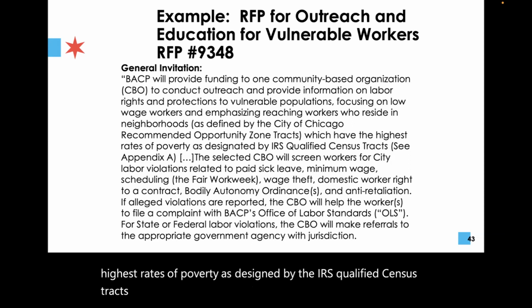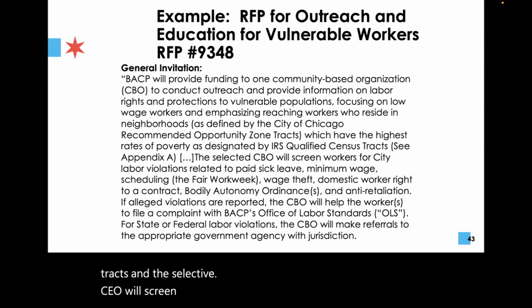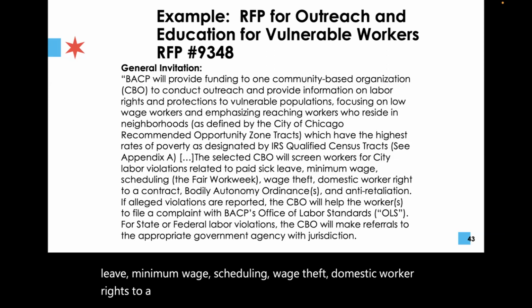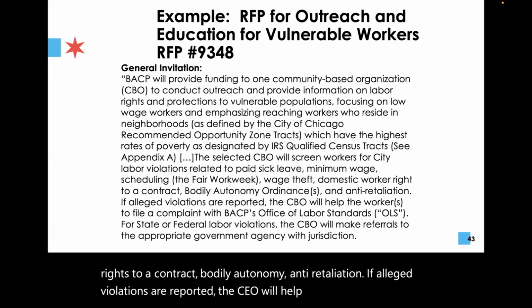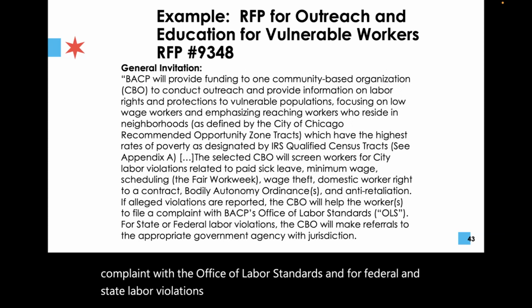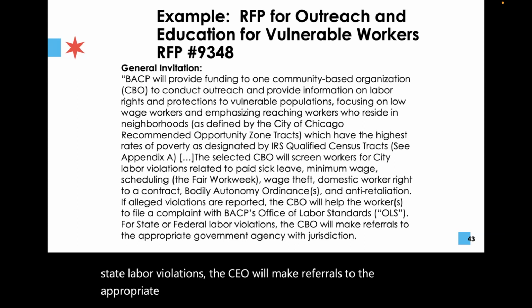And the selected CBO will screen workers for city labor violations related to paid sick leave, minimum wage, scheduling, wage theft, domestic worker rights to a contract, bodily autonomy, anti-retaliation. If alleged violations are reported, the CBO will help the workers file a complaint with the Office of Labor Standards. And for federal and state labor violations, the CBO will make referrals to the appropriate government agency with jurisdiction.